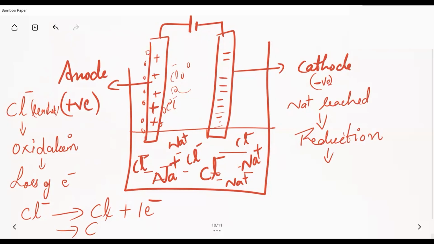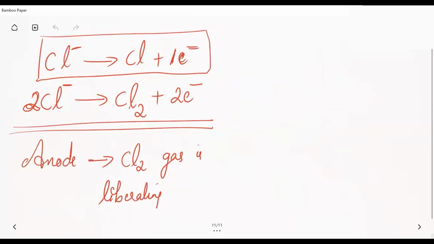Reduction is gain of electrons. So sodium plus will gain one electron and become sodium.